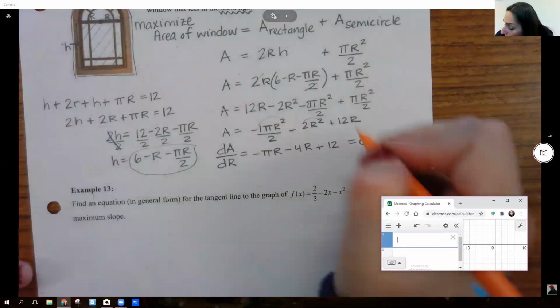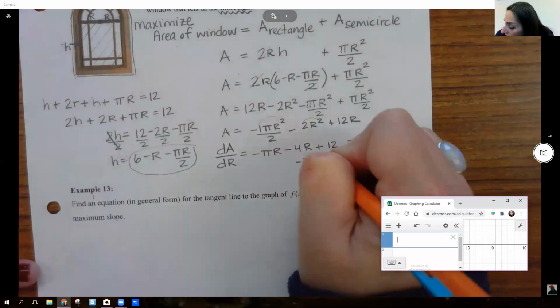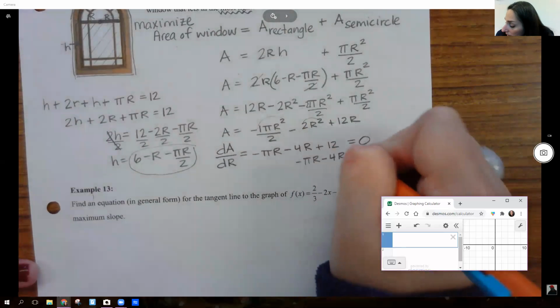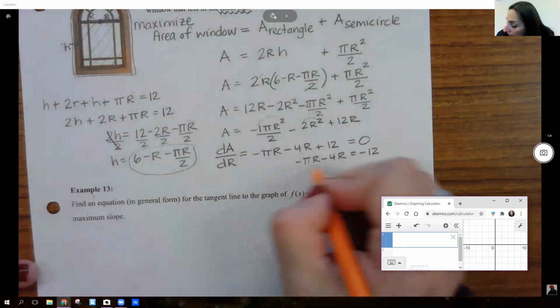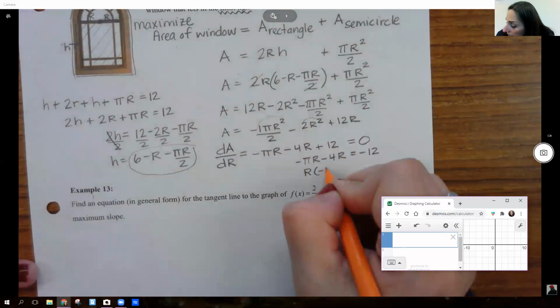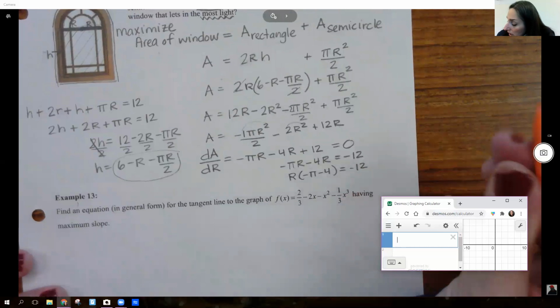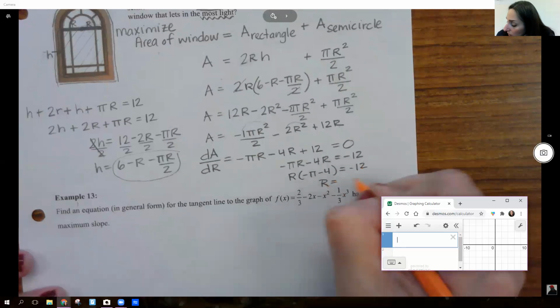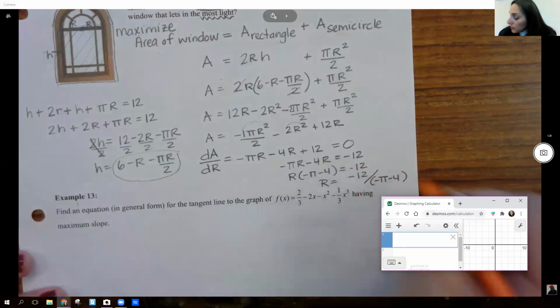So you can subtract 12, so negative pi r minus 4r equals negative 12. Factor out r. This will be negative pi minus 4. Divide. r equals negative 12 over negative pi minus 4.